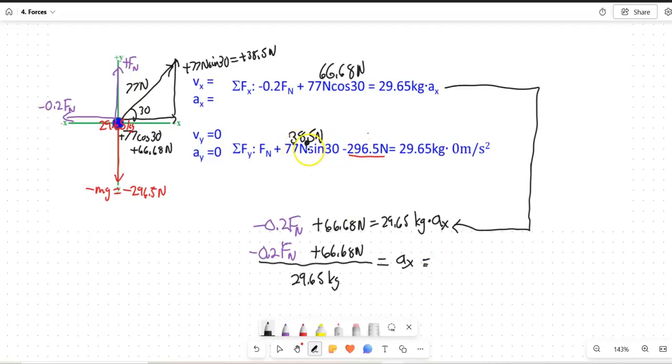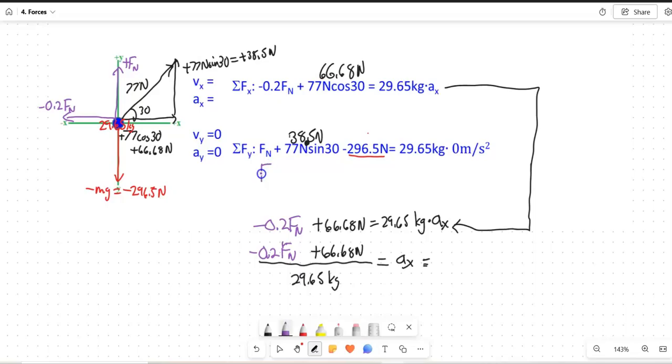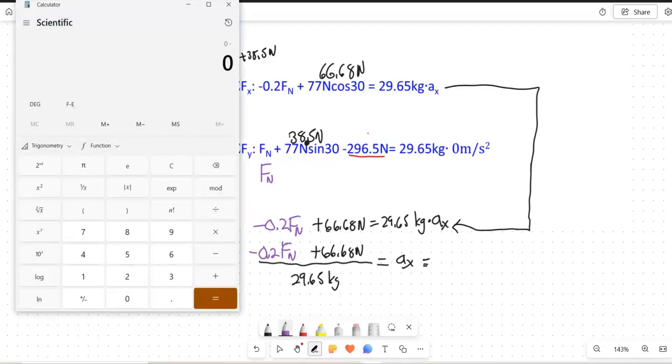So let's use this part right here. This is going to be our normal force that we're solving for. And since we've gone ahead and figured out this is 38.5 newtons and this is 296.5, let's go ahead and subtract those two things. So the weight is 296.5, so plus 38.5 equals negative 258.